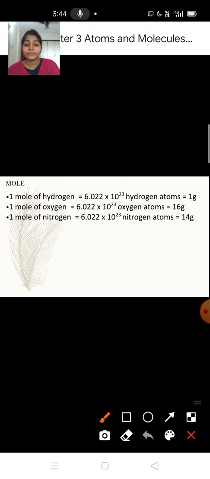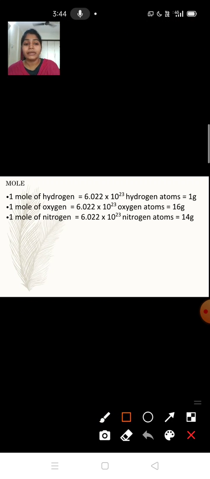Now children, you can see that this mass, okay, it is represented in gram, right? We have 1 gram, we have 16 gram, we have 14 gram. It is all represented in gram. And such kind of mass is called molar mass. So, molar mass is defined as the atomic mass or molecular mass of substances expressed in terms of gram.